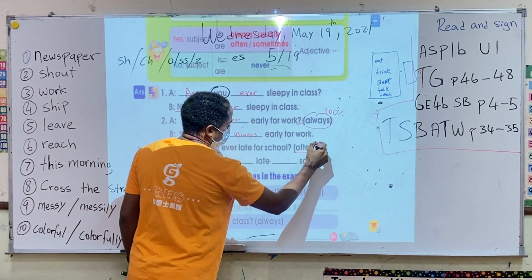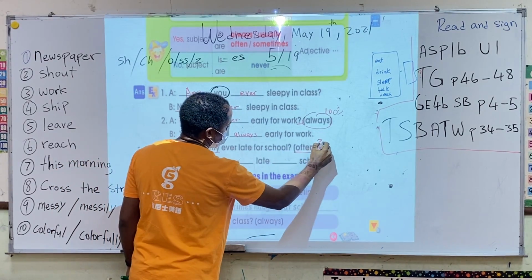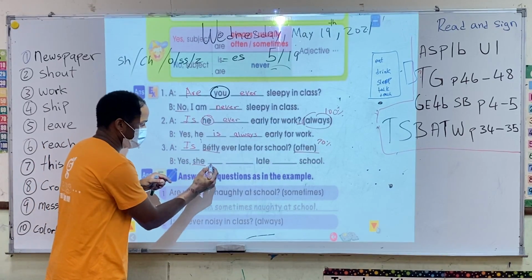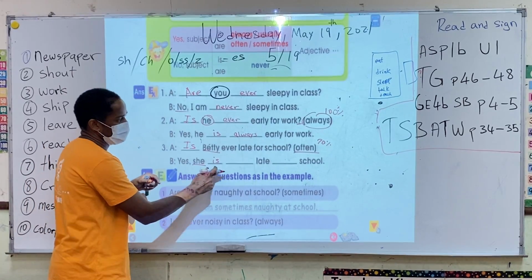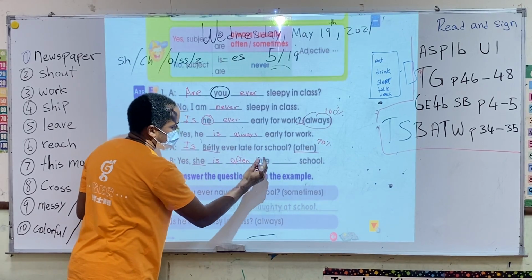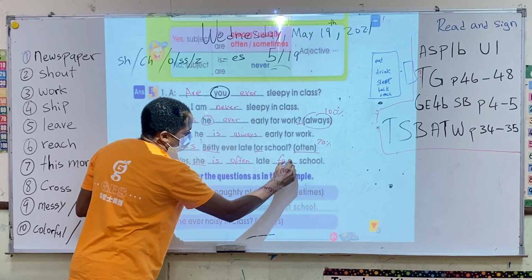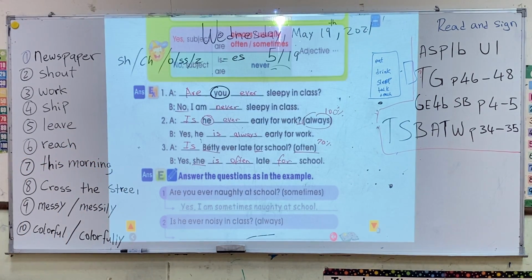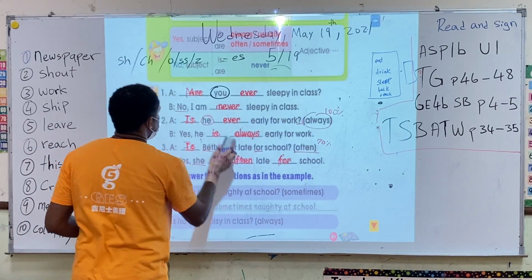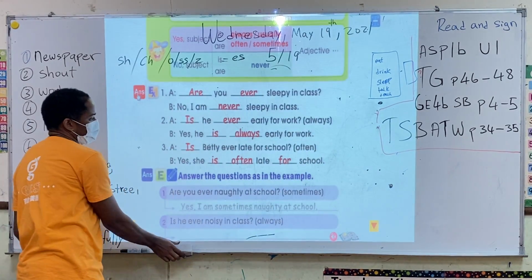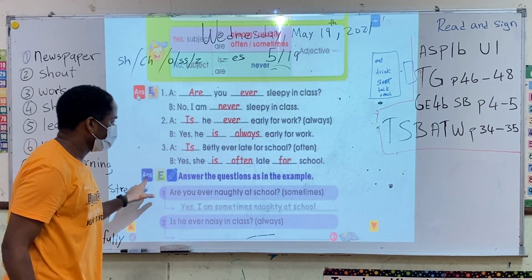Often. Often is 70%, so very high. So she is often late for school. Okay, so let's see the answers. These are the answers. Let's put down the answers, and then we're going to go to the last part.